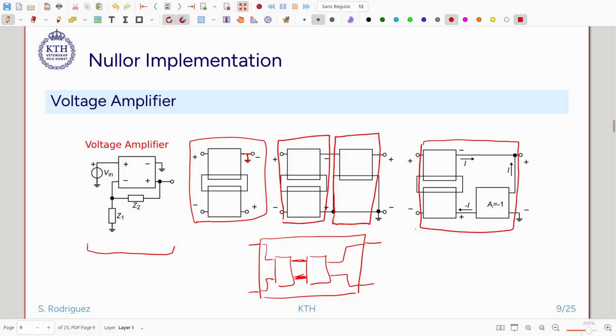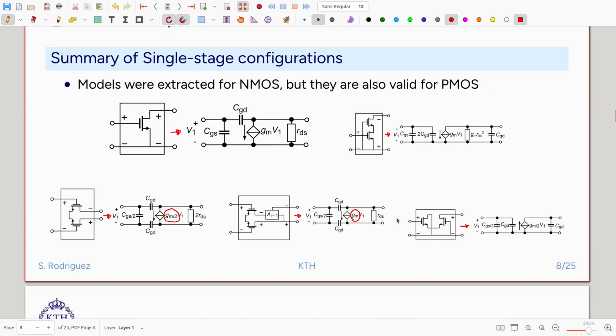We have a model for this one, even though it has at least two amplifying stages, and the mirror can also be considered an amplifier with a current gain of 1. So in conclusion, there might be different ways to implement the nuller, depending on how we use the basic building blocks.